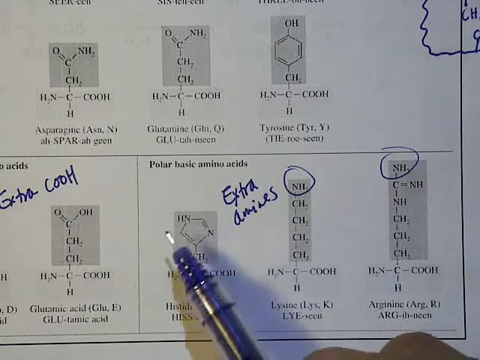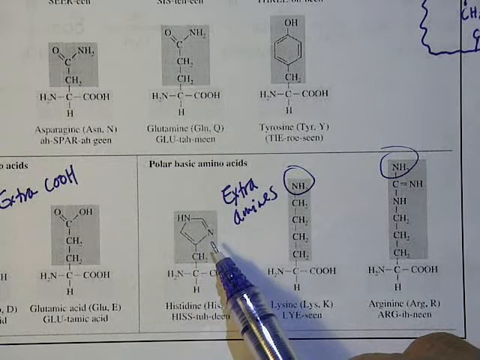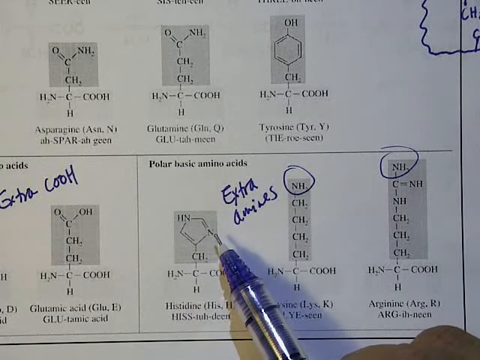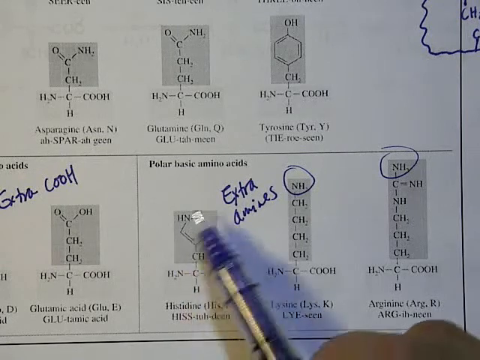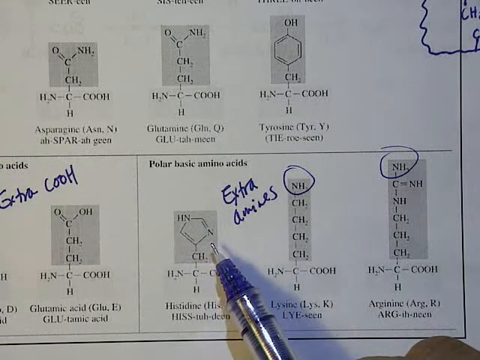Notice in this one, you have two nitrogens, and as you might recall from your aromatic chemistry, in order for a ring to be aromatic, it has to obey that 4n+2 rule.